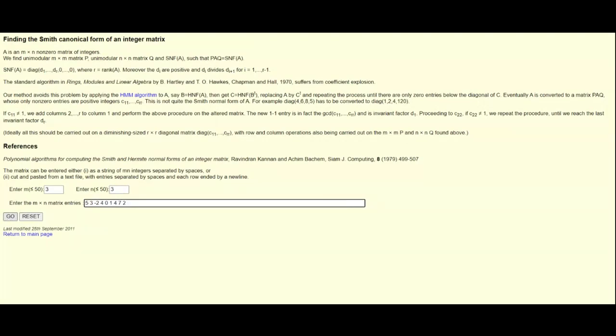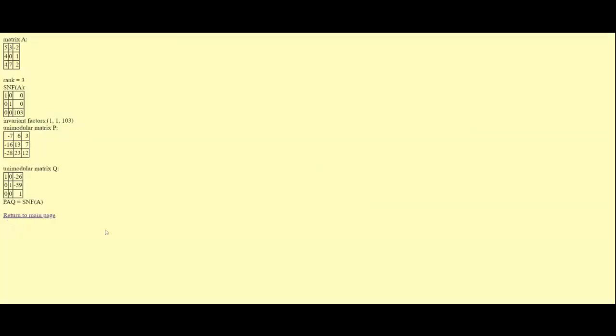So a 3 by 3 matrix would mean 3 generators and 3 relations on the generators, and then you end up getting something like this. Now, what does this mean, by the way, 1, 1, 103? Let's explain what the interpretation is.